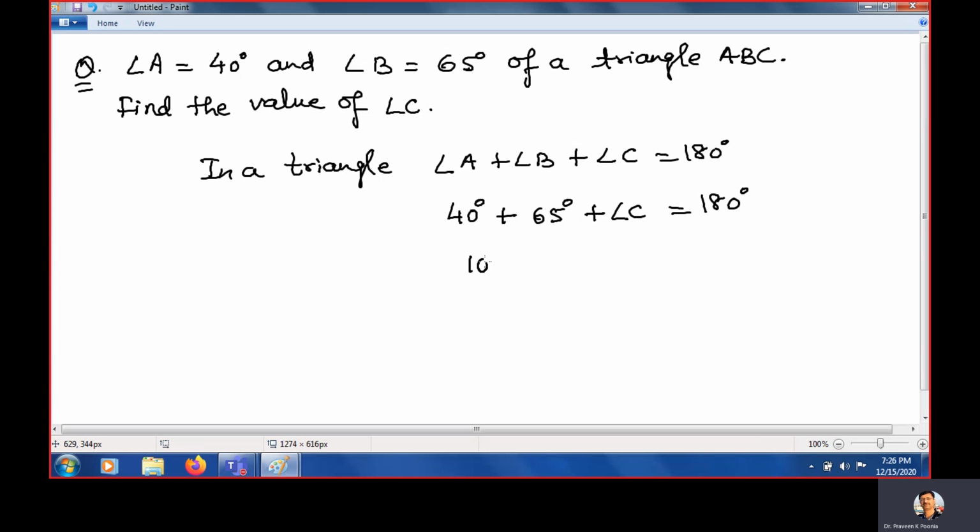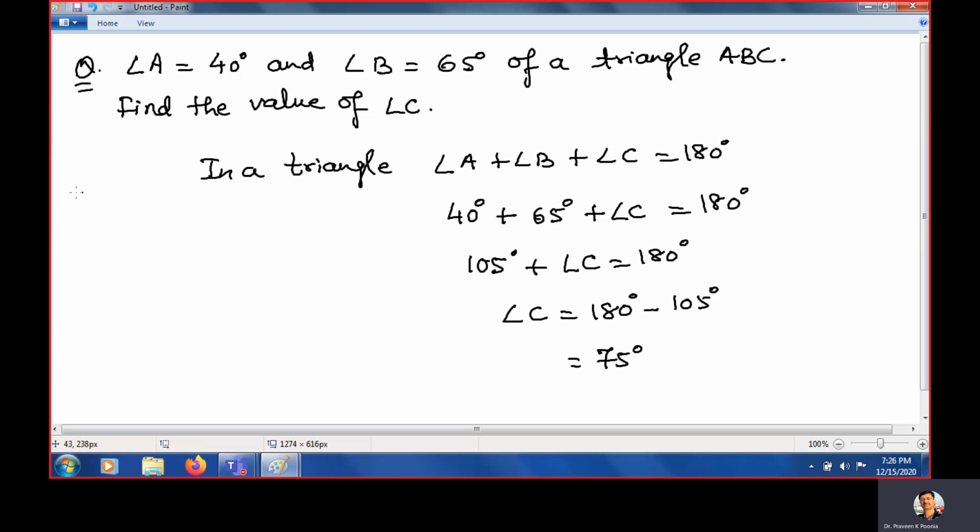So find the total: 105 degrees plus angle C is equal to 180 degrees. So angle C equals, shifting to the right side, 180 minus 105 degrees, because here it is plus, so it will be minus. So how much is it? 75 degrees.